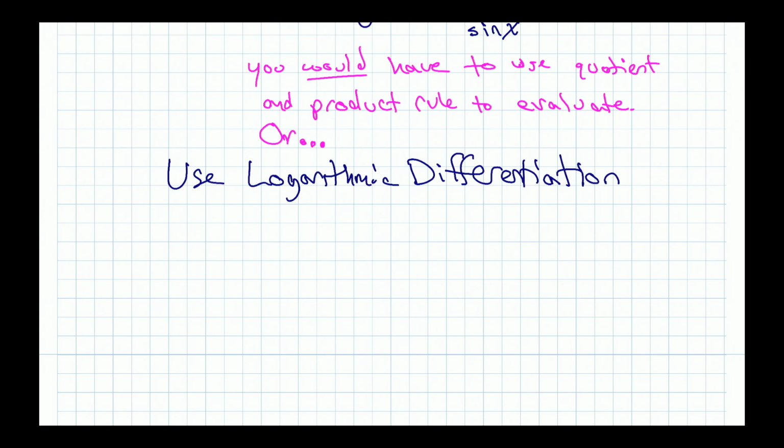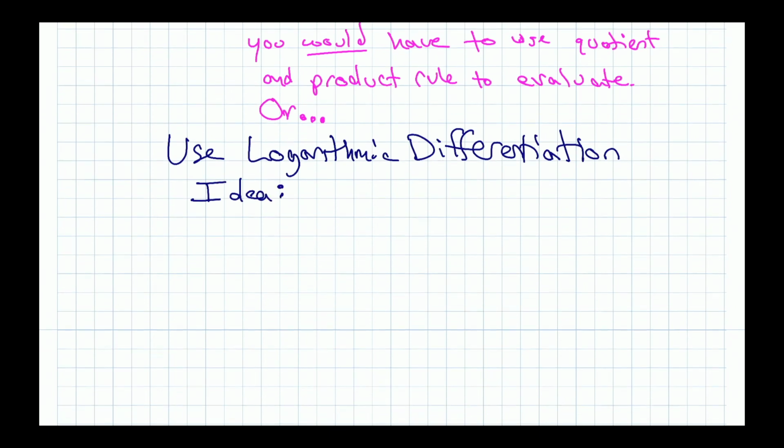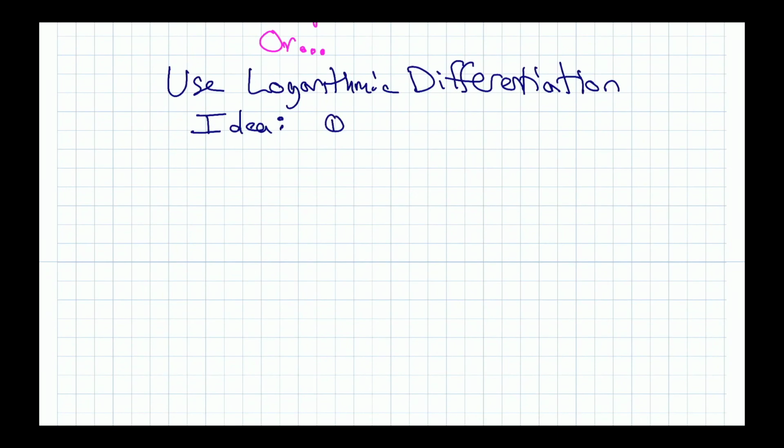So the idea of logarithmic differentiation is that you're starting with something without a logarithm, and you're going to add the logarithm and then differentiate. So I'm going to write the idea here, and then I'm going to move on to the next page and actually write real steps. So idea 1. You start out with no logs, right?